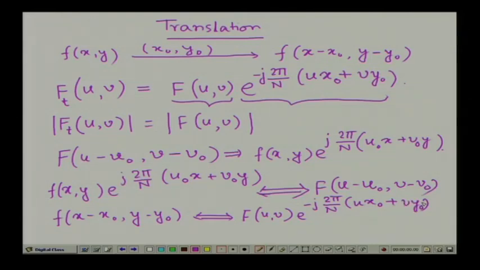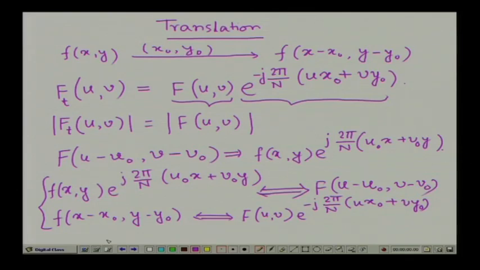So, these are the Fourier transform pairs under translation, the DFT pairs under translation.